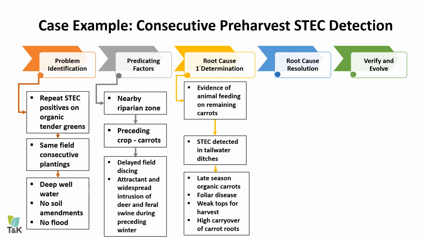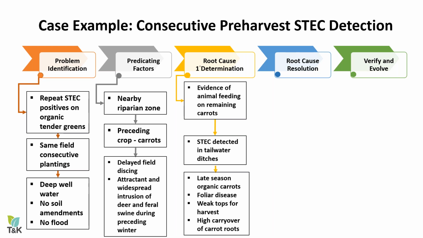Within the environmental assessment, there was evidence of animals feeding on remaining root carrots. What prompted this is that the field was delayed in disking due to a variety of operational limitations. And then it did start raining the preceding season, and that made it not possible to get into that particular piece of ground with equipment to do any groundwork.